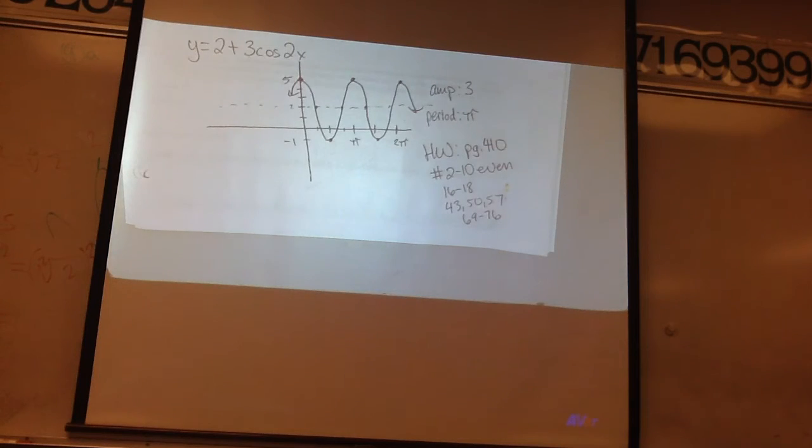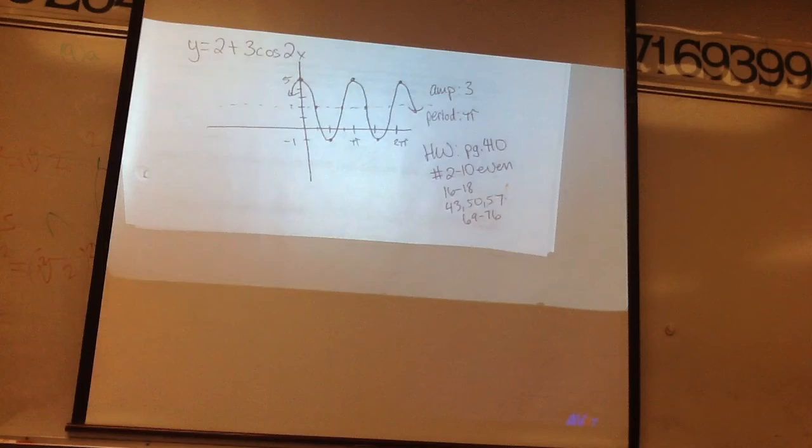You want to do evens, right? If there's tangent, you want us to skip that one? There's no tangent. This section is just graphs of sine and cosine. Like these ones, you're just finding the period and the amplitude.